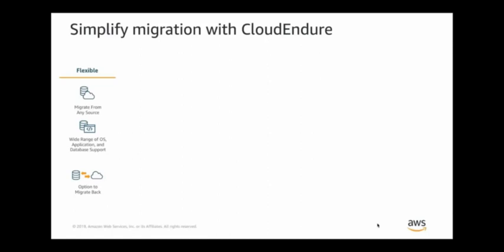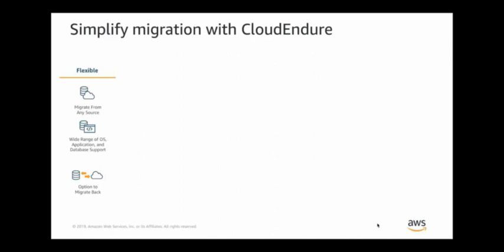Finally, CloudEndure offers you the option to migrate back in case you need to, for reasons such as issues on the target platform, performance degradation, or cost-related issues, for example.